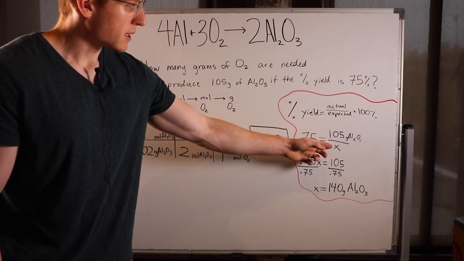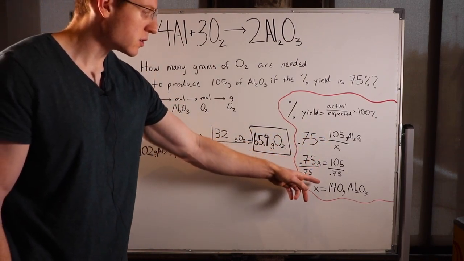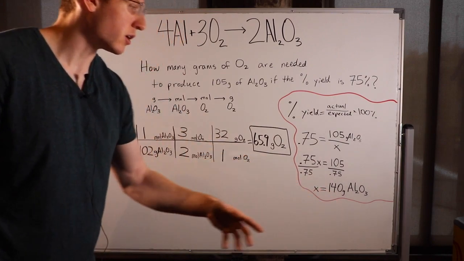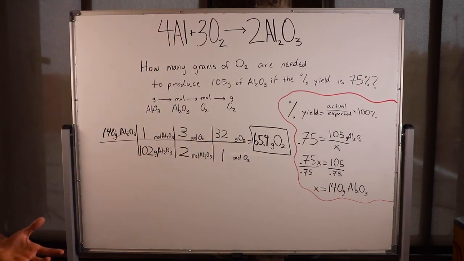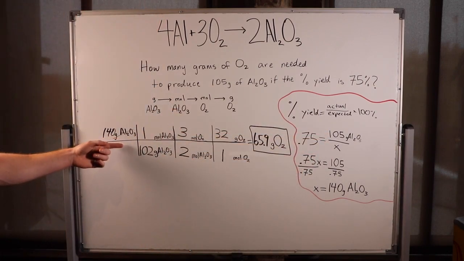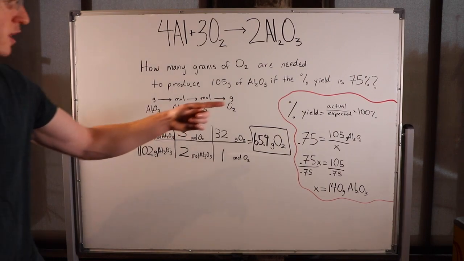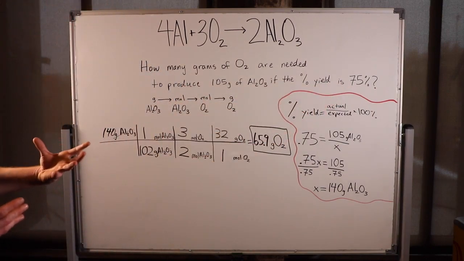But that's going to be accompanied by this x here, the expected amount. So when we solve for x, we see that when we expect 140 grams of aluminum oxide, we actually get 105 grams. So we need to build into this table an expectation of 140 grams of aluminum oxide, and then since our yield is 75%, that will give us our actual 105 grams that we want.